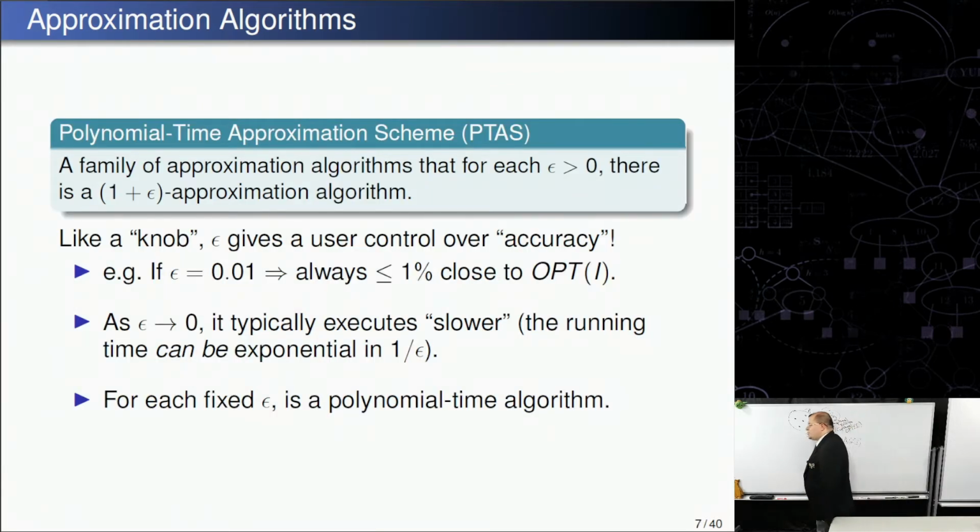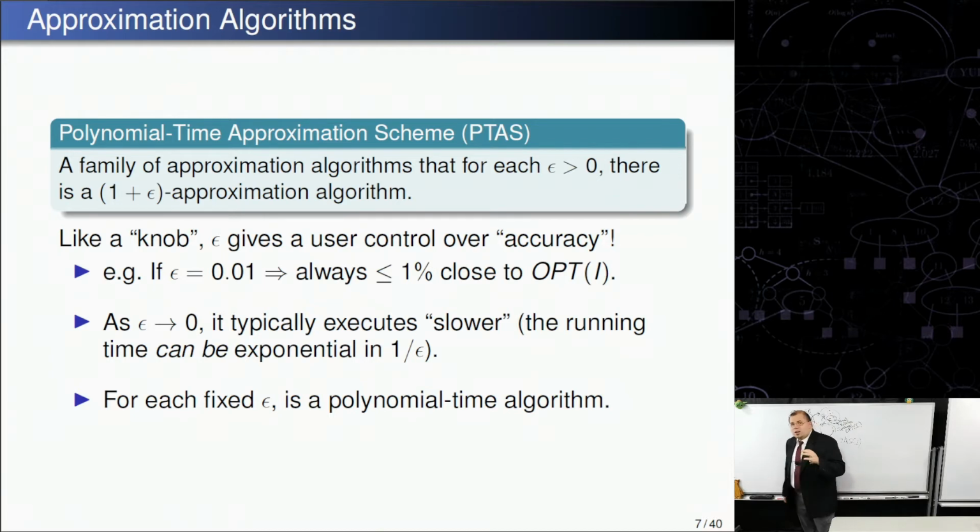Just as a side remark, and this is going to be relevant later, I need to define something called a PTAS. It's called a polynomial time approximation scheme. A family is a fancy way of saying I have a set and all of them are of the same type. So a family is a set of a whole bunch of these algorithms. They're all approximation algorithms.